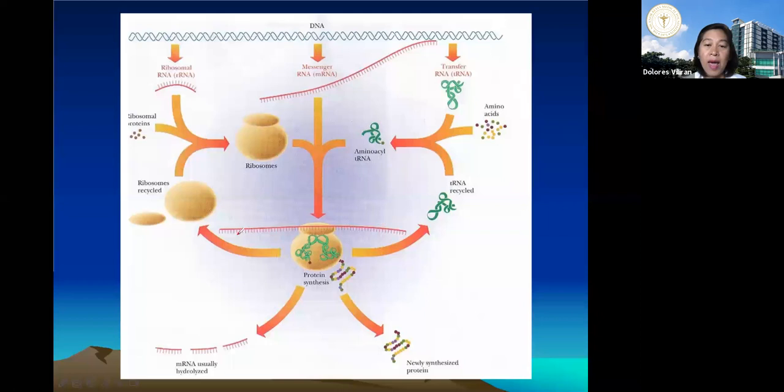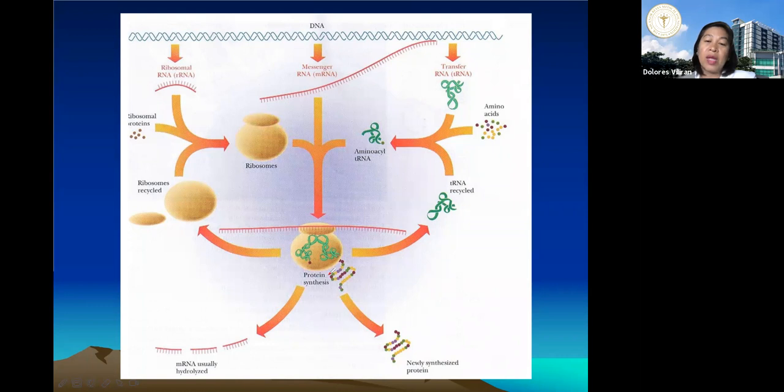And the mRNA will act as the template for protein synthesis. So you have the genetic information coming from your DNA molecule. Then this will assemble the mRNA, your ribosome together with ribosomal RNA, and your tRNA carrying amino acids. And through this process, you will be producing proteins.